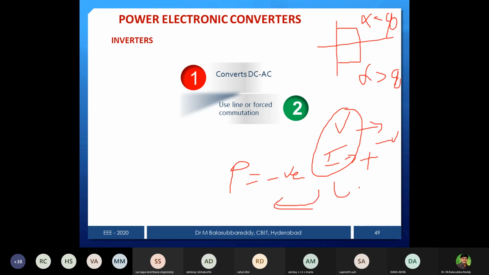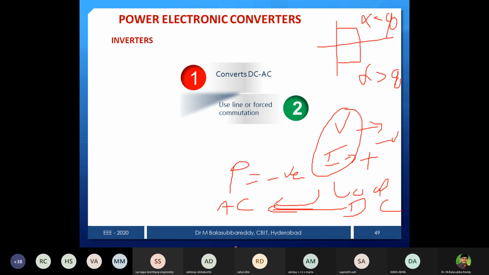What is the load? This side is the load in the rectifier, and this side is the source. So the load is DC in the rectifier and power flows from DC to AC. This I call the inverter mode of operation. Even if you are using a rectifier circuit, if you make alpha greater than 90 degrees, it will act as 4th quadrant operation.